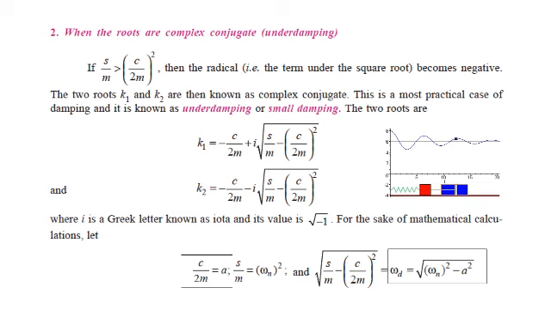Therefore omega d, the damped circular frequency, will become the square root of omega n square minus a square.